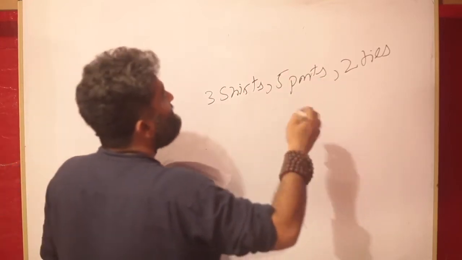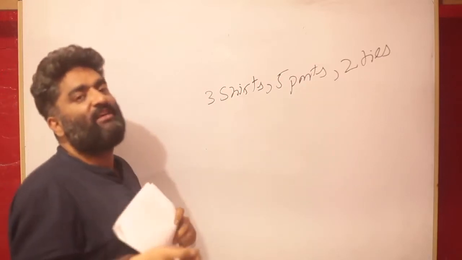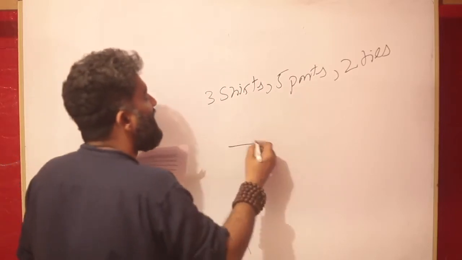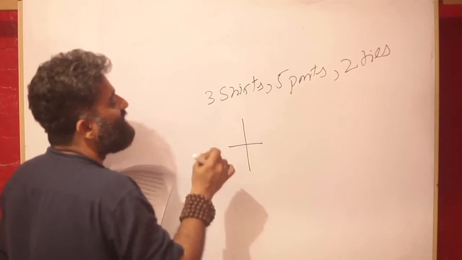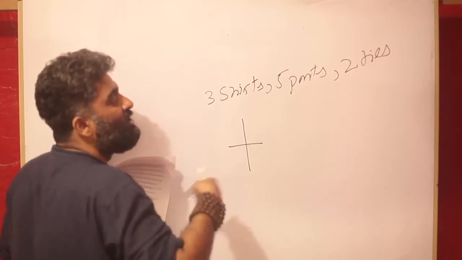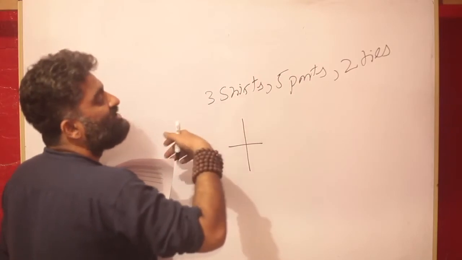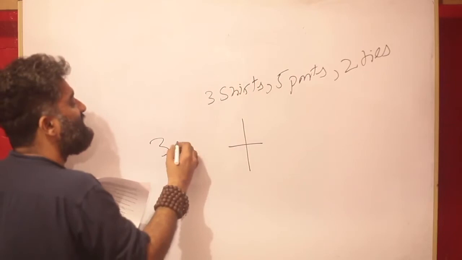What if I said that the tie is optional? What does that mean? You can wear a tie or you cannot wear a tie. This is also to introduce the idea of or. If while counting or analyzing you come across the word or in your logic, you must use plus. So when there is no tie, this becomes 3 into 5.